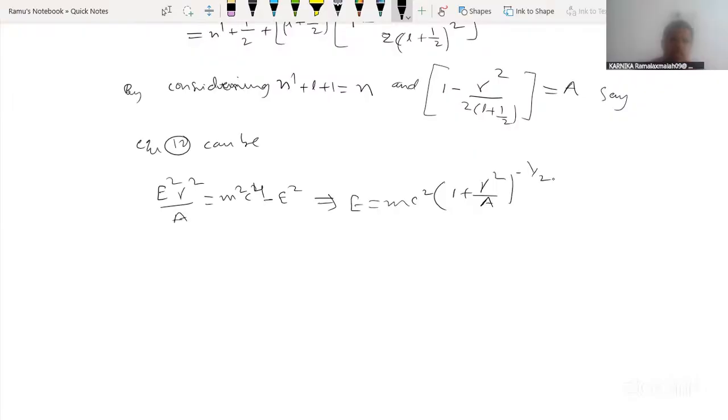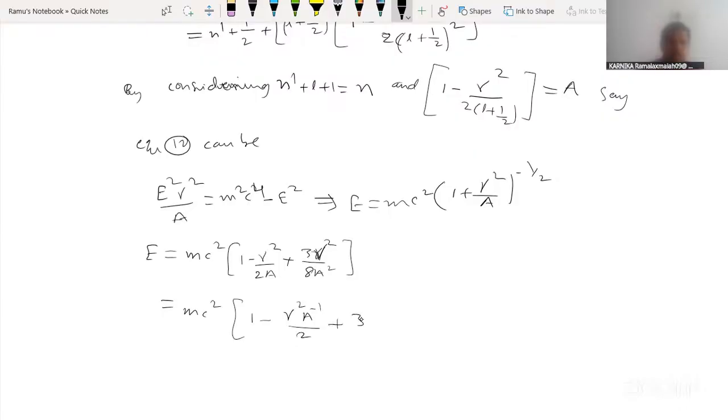Here E is equal to mc squared into 1 minus gamma squared by 2A plus 3 gamma squared by A squared, that is, E is equal to mc squared into 1 minus gamma squared A inverse by 2 plus 3 gamma to the power of 4 A to the power of minus 2 by 8.